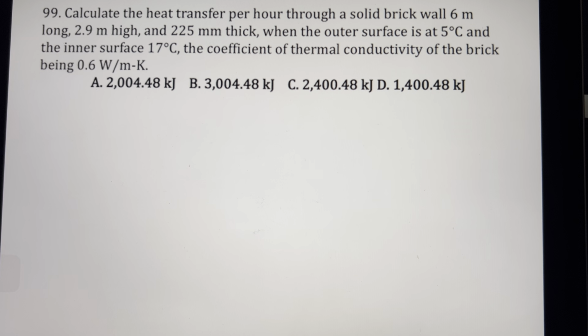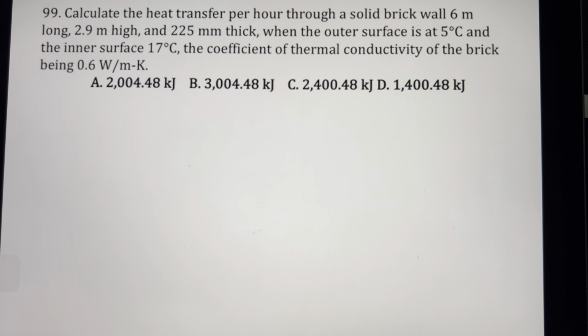Calculate the heat transfer per hour to a solid brick wall 6 meters long, 2.9 meters high, and 225 millimeters thick when the outer surface is at 5 degrees Celsius and the inner surface is 17 degrees Celsius. The coefficient of thermal conductivity of the brick being 0.6 watts per meter Kelvin.